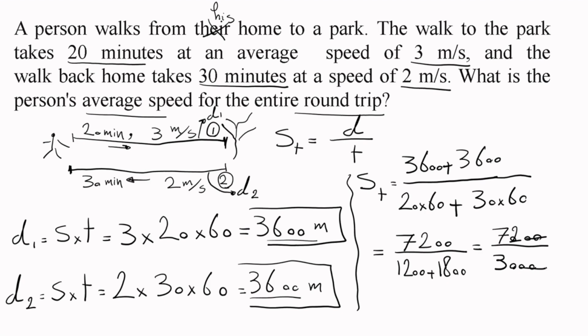I can cancel these two zeros, and I can divide 72 by 3, which is going to be 24, and I can simplify this one by 3, it's going to be 10. So the average speed will be 2.4 meters per second. Really easy.